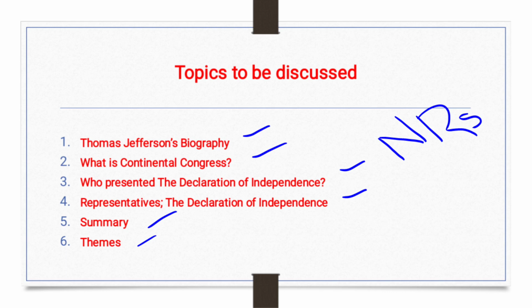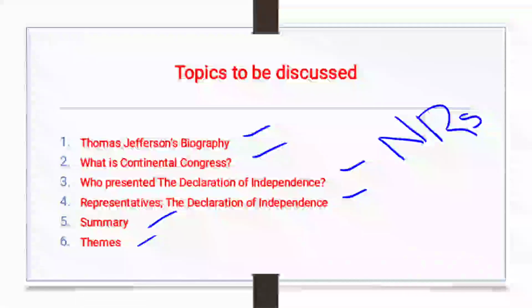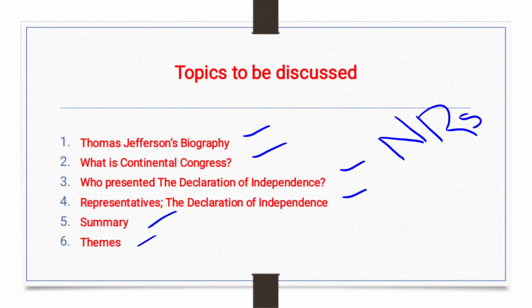The second theme is consent of the governed. The Declaration of Independence emphasized that governments derive their just powers from the consent of the governed. This means that the people have the right to choose their leaders and to hold them accountable. The third theme is limited government. The Declaration of Independence expresses a belief in limited government.